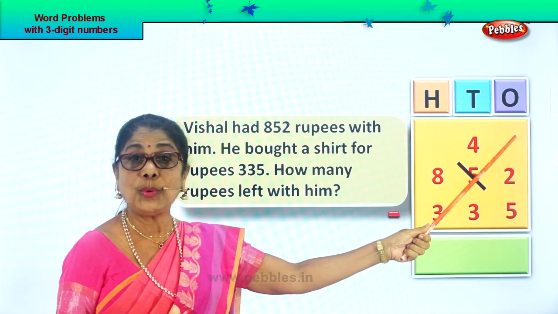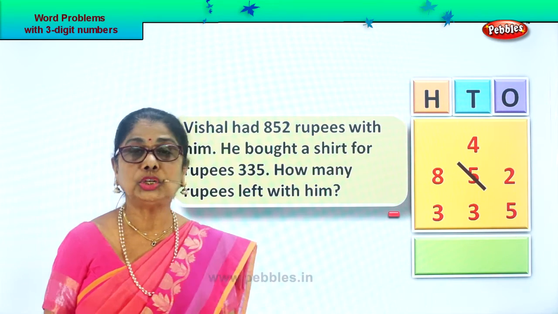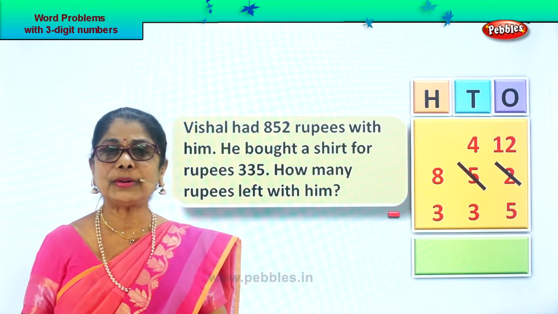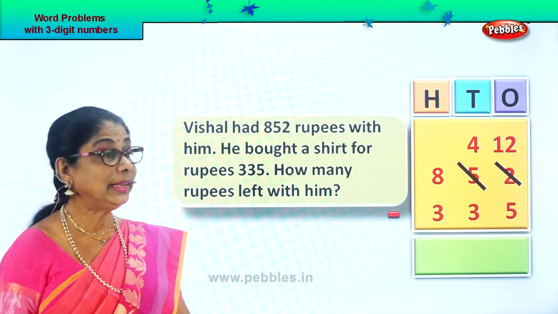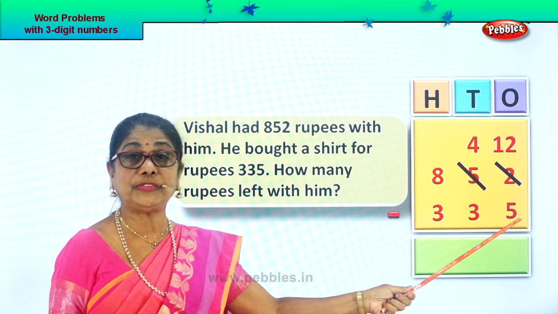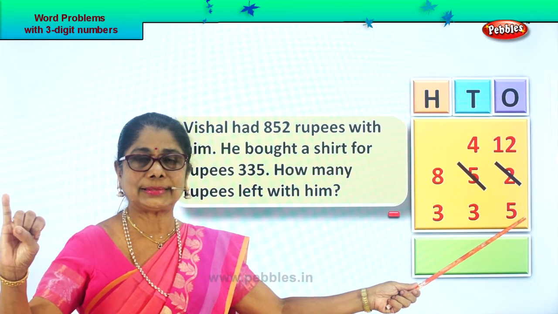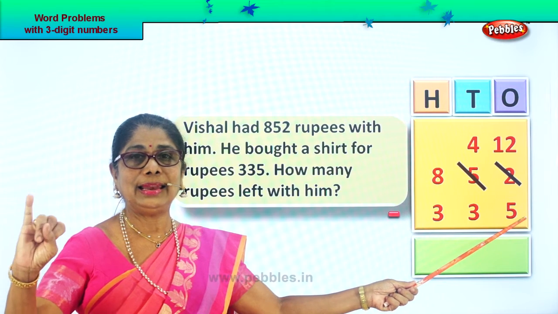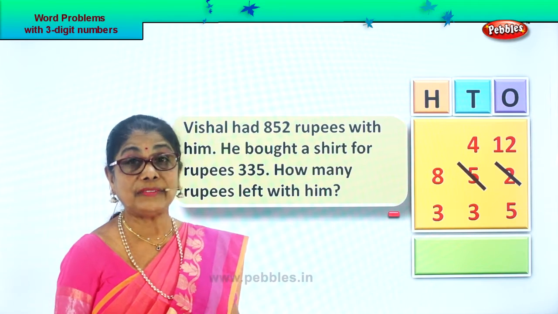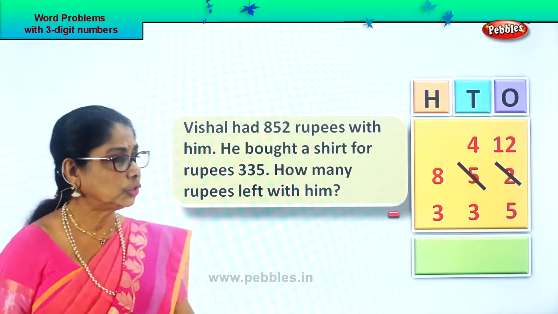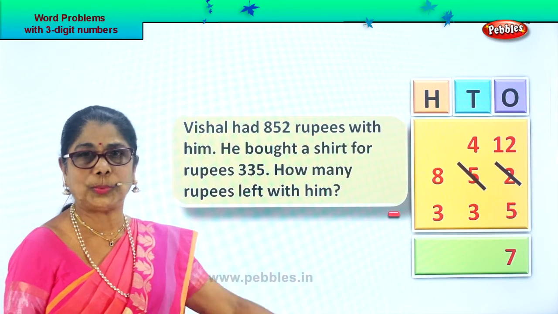That is 10 ones plus 2 ones, 12 ones. From 12 ones minus 5 ones. After 5, 6, 7, 8, 9, 10, 11, 12. That is 7. 12 minus 5 gives you 7. So we write 7 in the ones place.